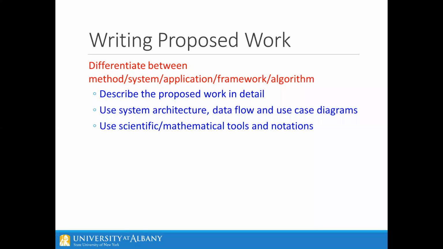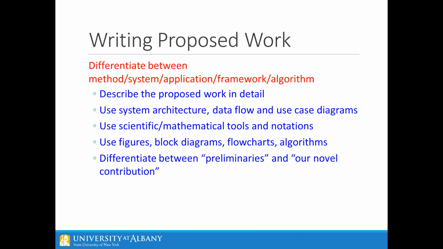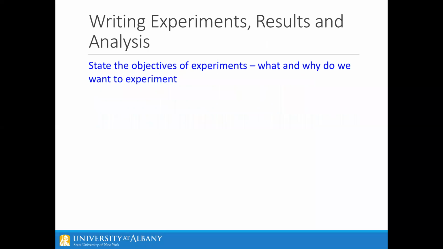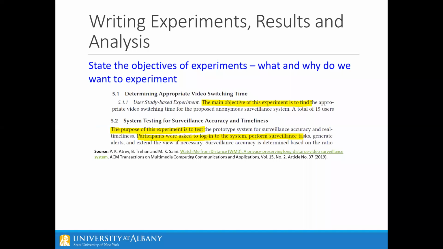You can use system architecture, data flow, use case diagrams, etc. You can use figures, block diagrams, flowcharts, algorithms, and we also discussed what is the difference between preliminaries and novel contribution. You need to make proper arguments for the choices you have made and list out any assumptions. And right, so I think we were at this slide last time.